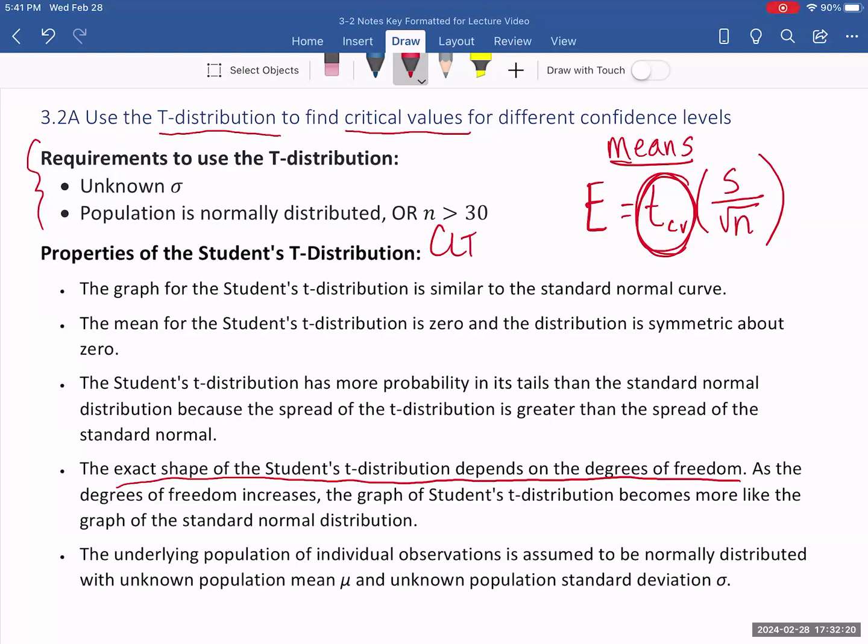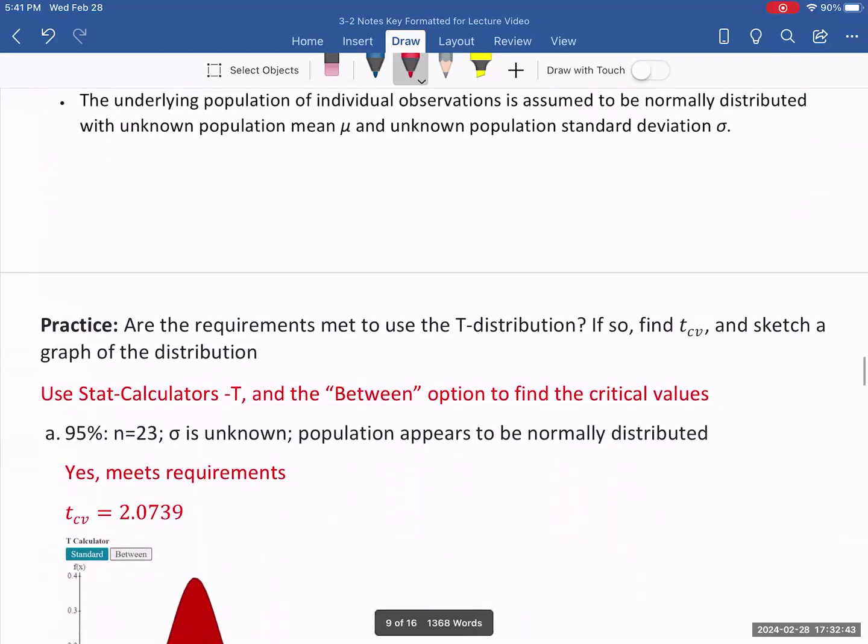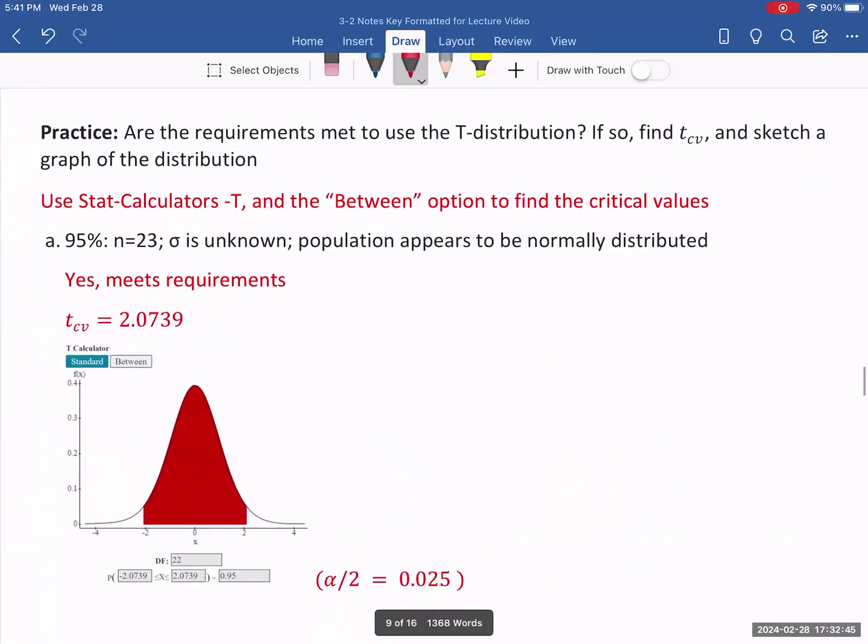So when your sample size gets really large, your T distribution looks a whole lot like a Z distribution. And for our one variable data for means, our degrees of freedom are n minus one, so our sample size minus one. Let's practice finding a couple of these.